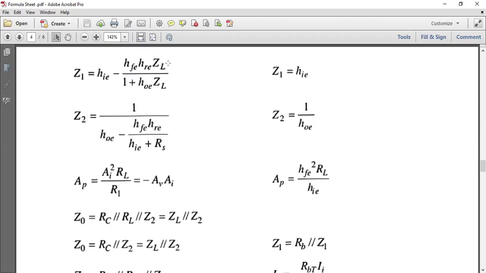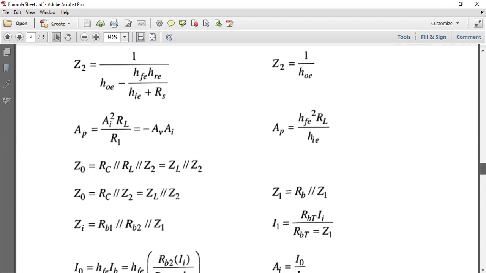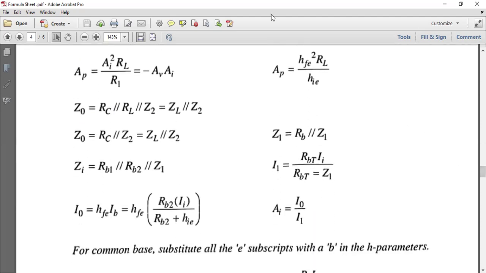Zi consists of ZL, Z2. We do not have ZL there. But because we are given the input, it is when it is a parallel, when there is that voltage divider, that applies. We do not have a voltage divider in this case.